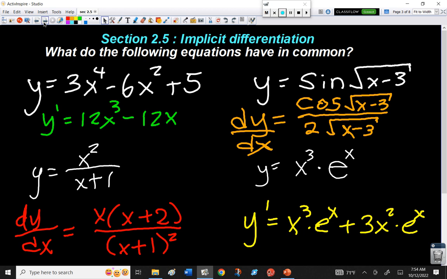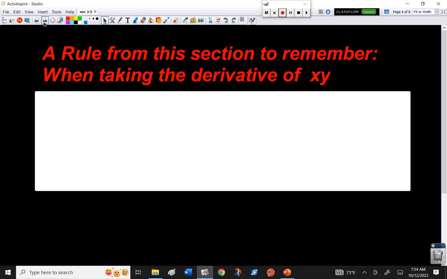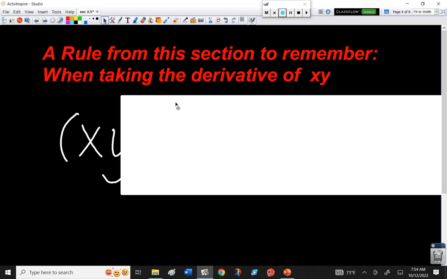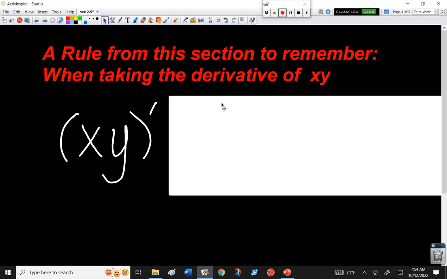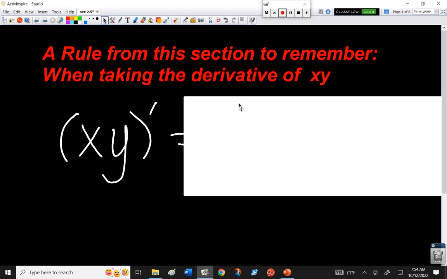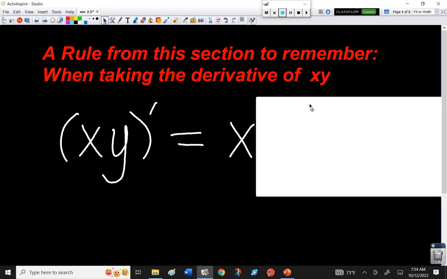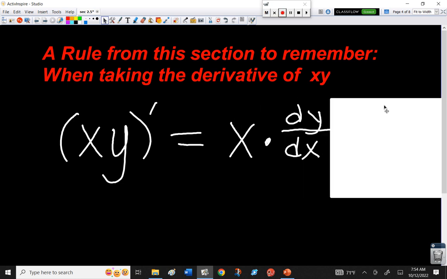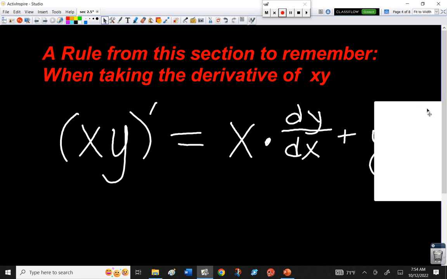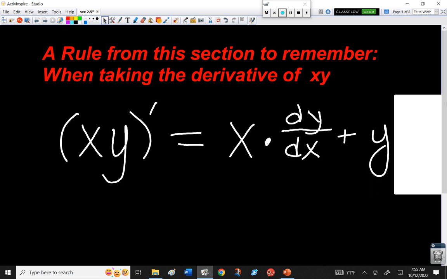Well, here's another rule from this section to remember: when you take the derivative of x times y, if you ever have an x times a y, and you're going to see that in several different places, there's a simple rule to remember, and that is the derivative of x times y is going to be, using the product rule, x times dy dx plus y.